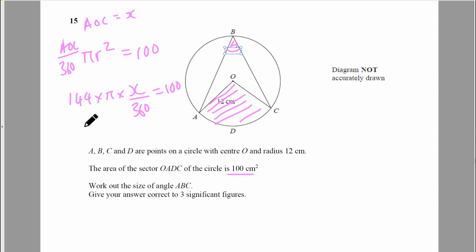So we're going to get 100 divided by 144 pi, bring that over, and then times by 360 is going to give us x, because I'm just making x the subject.